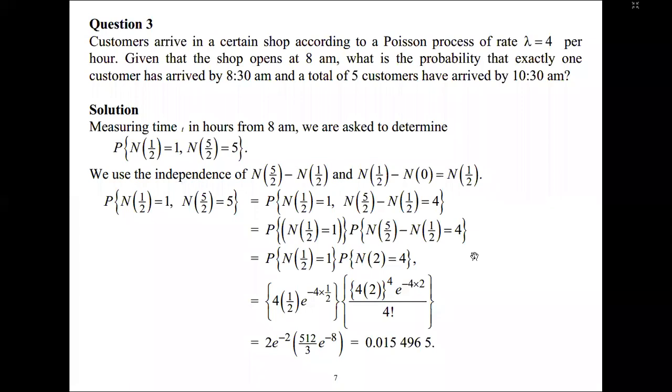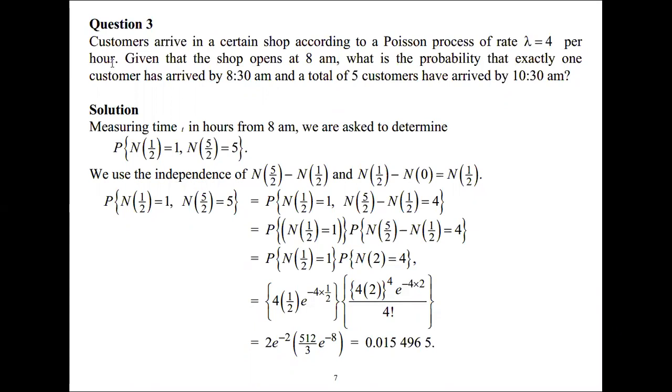How many customers do you expect in 5 hours? That would be 20, that's 5 times 4. You always look at the number of hours, noting that the rate given here is per unit time. In this one, the unit time is 1 hour.